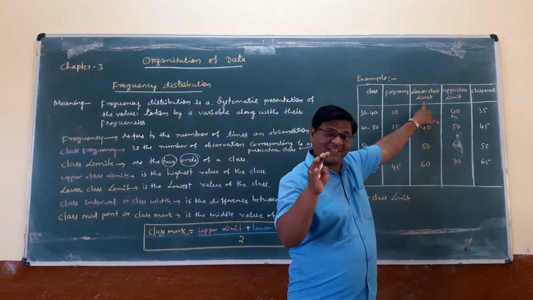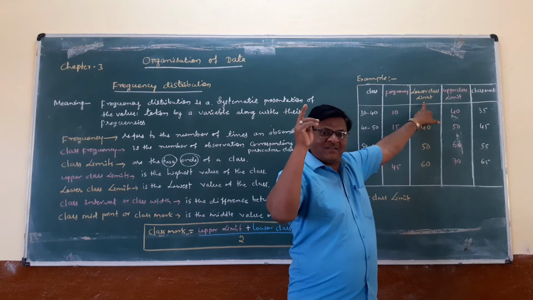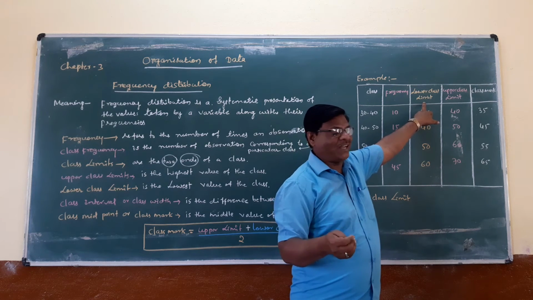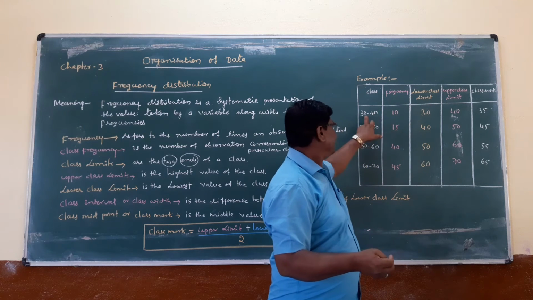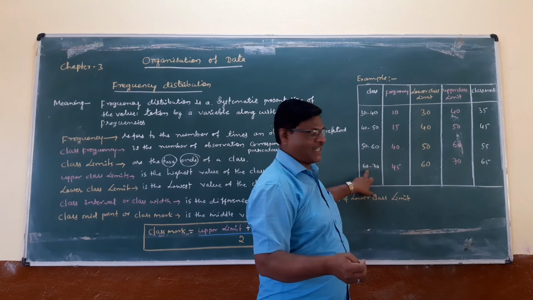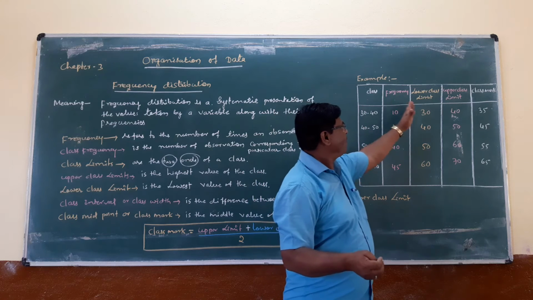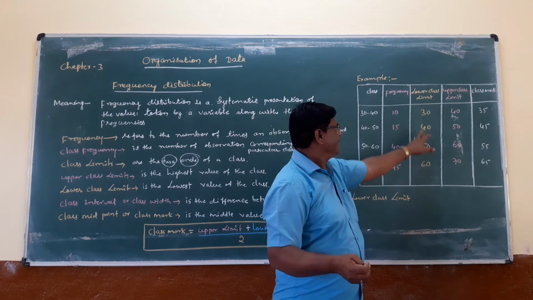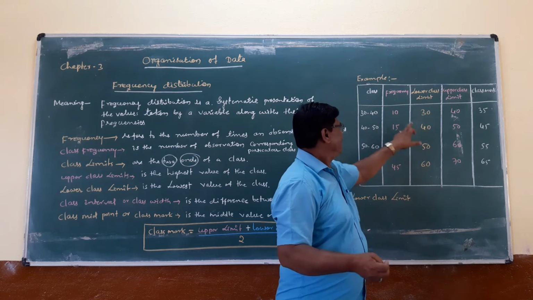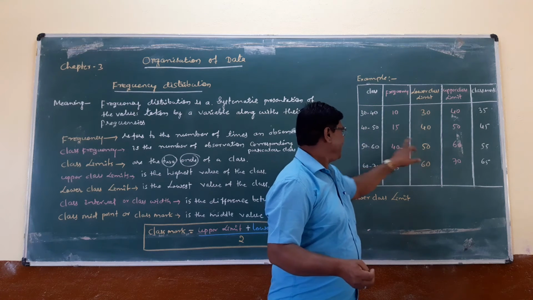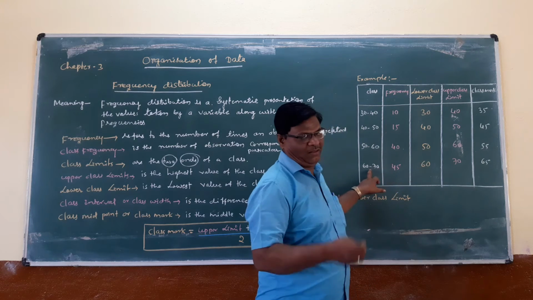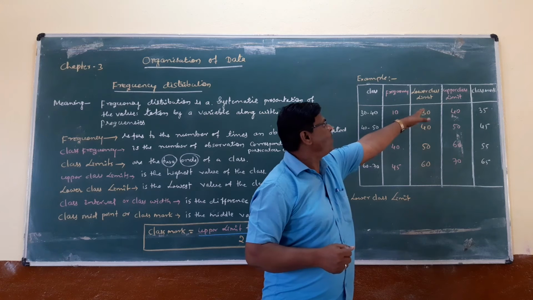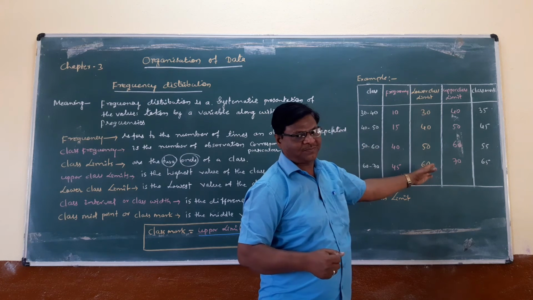And the lower class limits. Lower class limit is the lowest value of the class. Lowest value means 30, 40, 50, 60. You put the lower class limits: 30, 40, 50, 60.